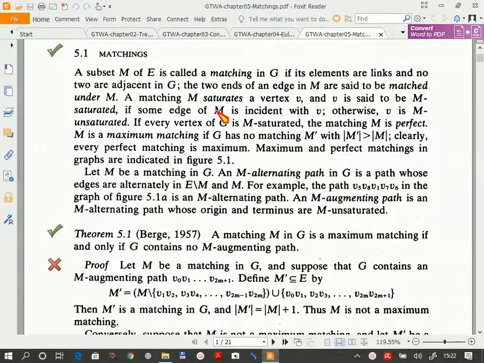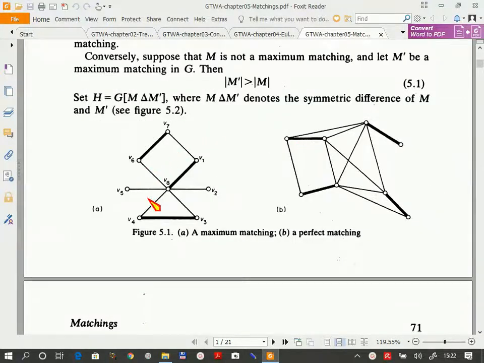A matching M is said to saturate a vertex V, and V is said to be M saturated, if some edge of this matching M is incident with V. Otherwise, V is M unsaturated. So here, for instance, if you take M to be this set of thick edges, then V4 is M saturated, for instance, V8 is M saturated, but V5 and V2 are M unsaturated, okay?